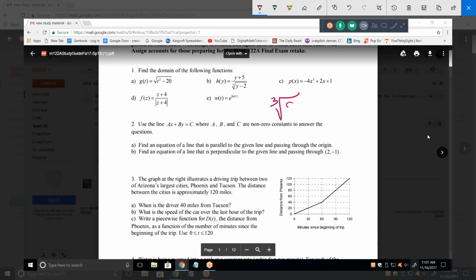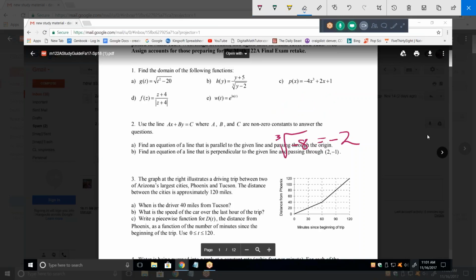I can take the cube root of 8, and that's equal to 2. And I can also take the cube root of negative 8, because that's equal to minus 2. So when you have odd roots, like cube roots or fifth roots, the domain is all numbers.